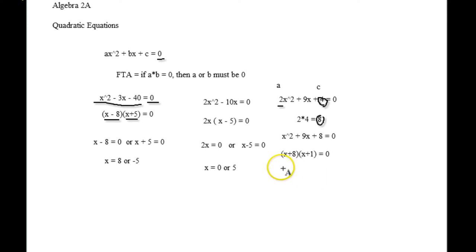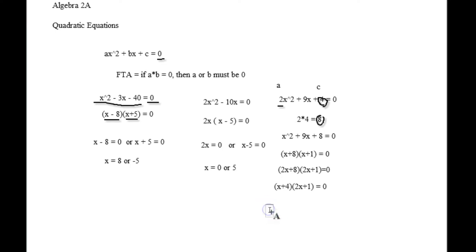Then we bring that 2 back in and put it in front of each x, so this is 2x plus 8 and 2x plus 1. Then you factor it out wherever you can and get rid of it permanently. I factor the 2 out of the first part, so this becomes x plus 4 and 2x plus 1 equals 0.